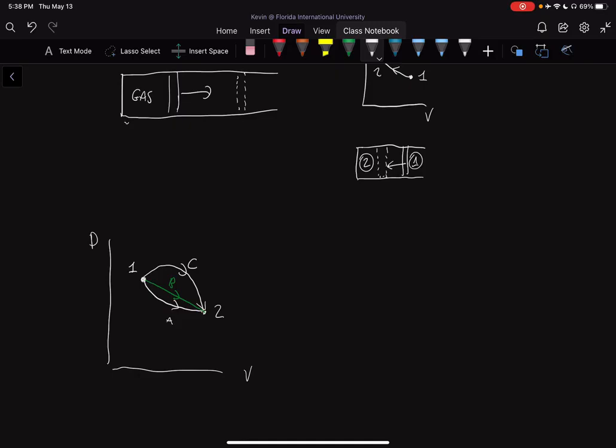So we can say that each path will have a different area underneath. We agree that path A has a different area than path C. So each path will have a different area underneath. And what that means is, since the area can be different for different paths, we can define work as a path function.